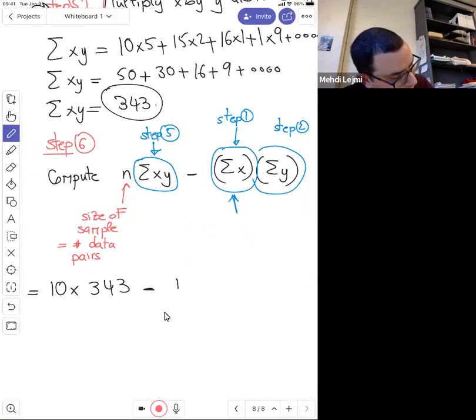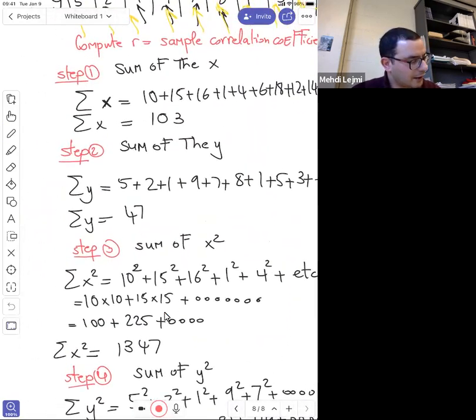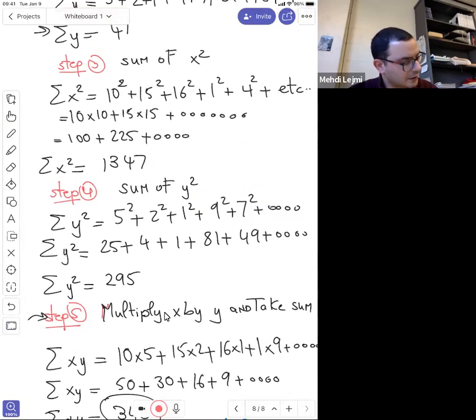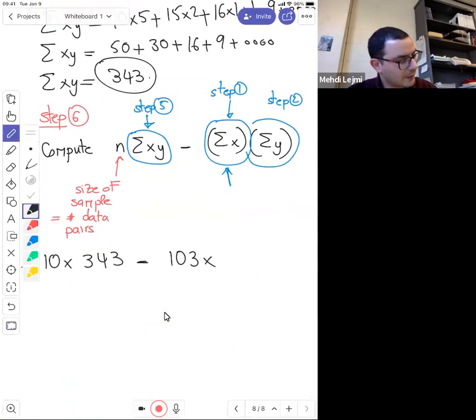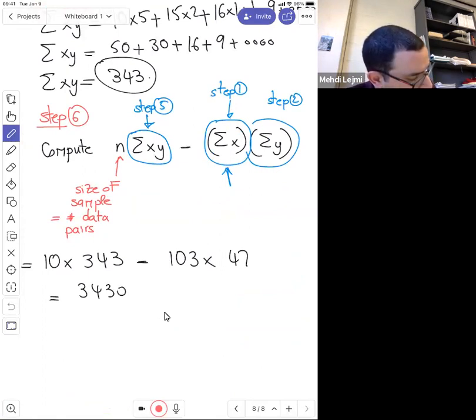So minus 103 times the sum of the y's. That's the sum of the values of y, step number 2, and we got 47. So here, multiply by 47. So 10 times 343, that's 3,430.